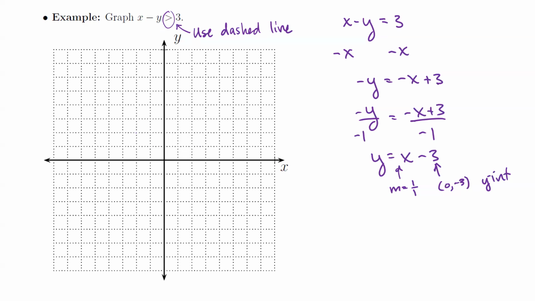So I'll go to my y-intercept of 0, -3. And then we have a slope of 1. So up 1 over 1. And then I'll fill all this in, but make it a dashed line.